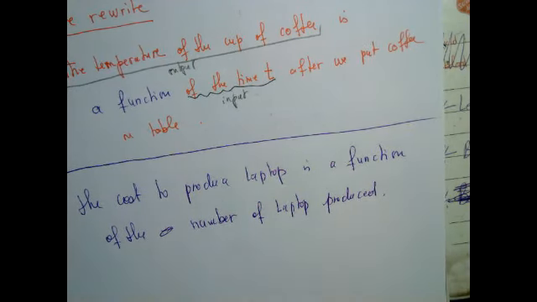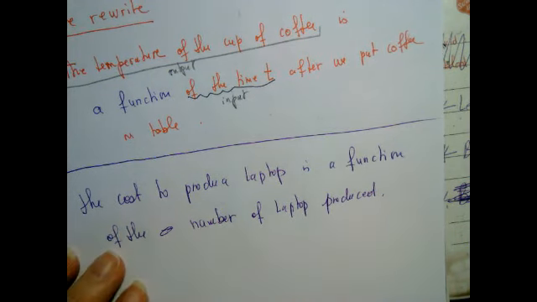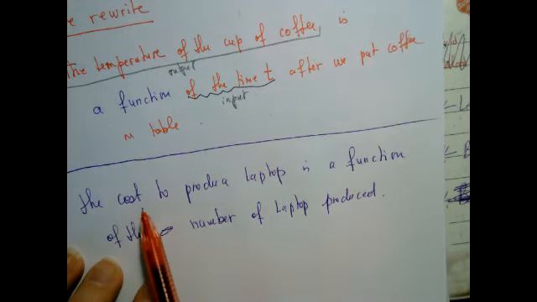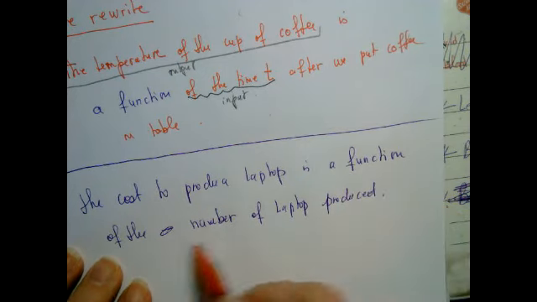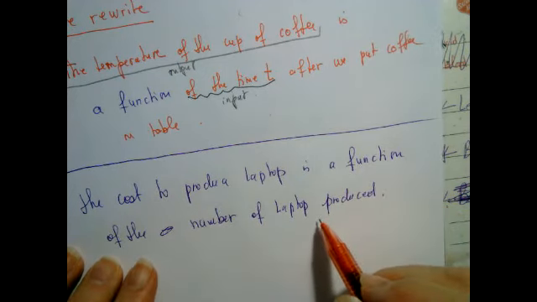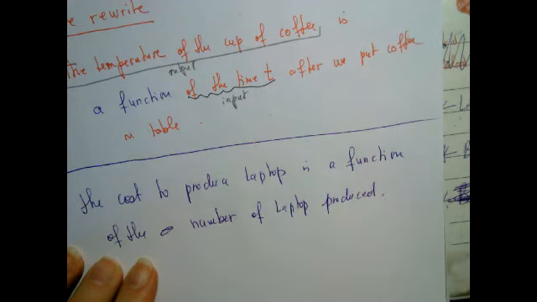What do you understand by this? What's the input and what's the output? So the cost is a function of the number of laptops, which means as the number of laptops produced changes, the cost will change with it.